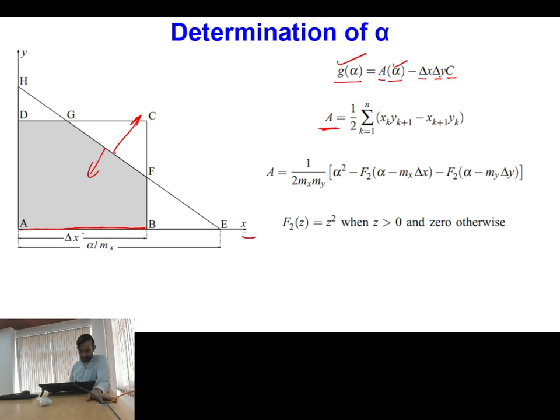Different sides of the polygon are A to B, B to F, F to G, G to D, and then D to A. Okay, so if you have to determine the area of this polygon, then you can utilize this diagonal rule, that half of the summation k varies from 1 to n, because if you have to minimize this function, first you have to know this A of alpha.